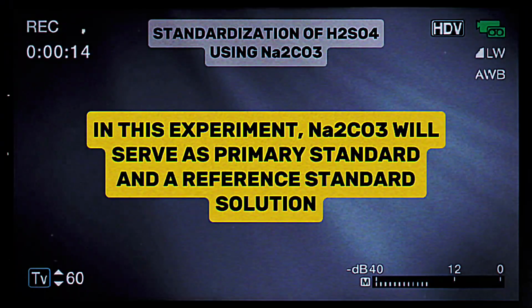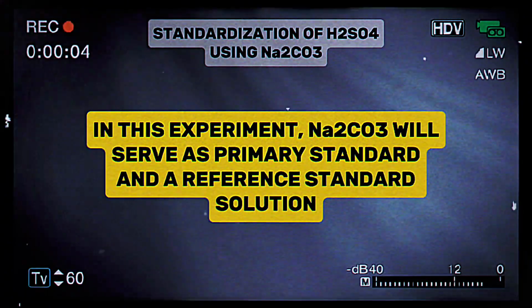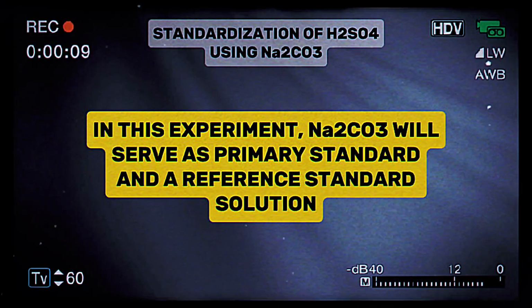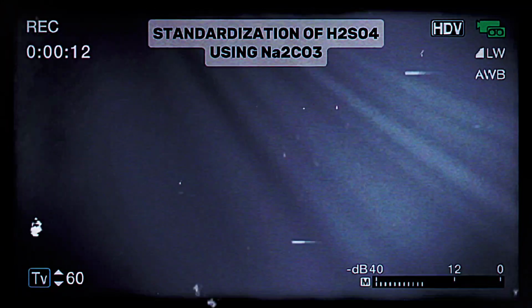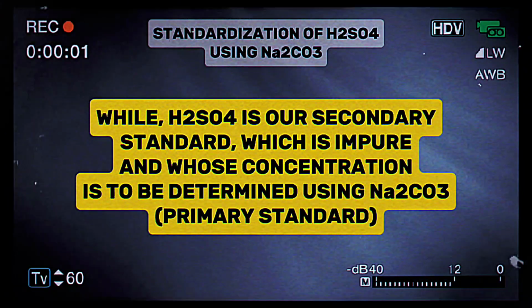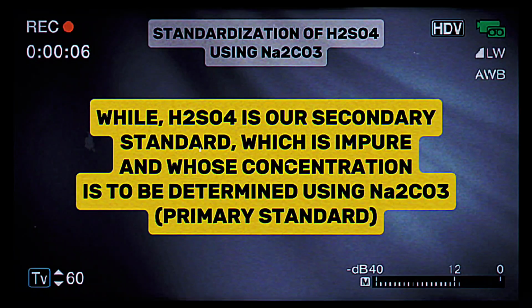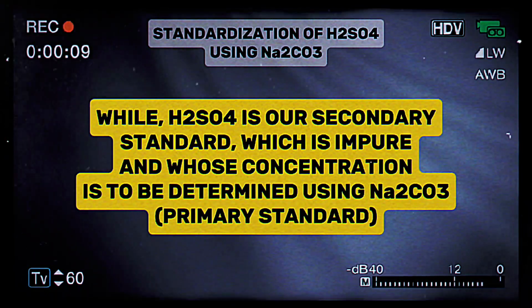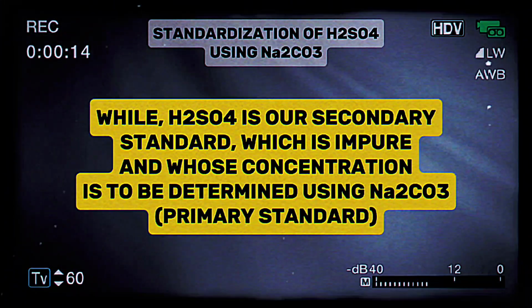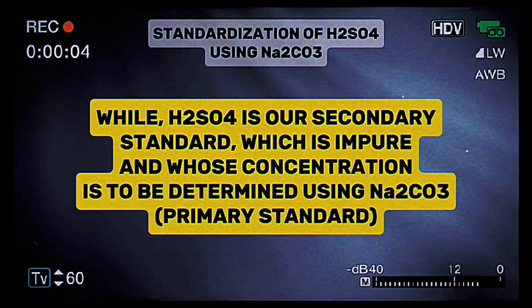Remember also in our previous experiments how these primary standards serve as reference points in the determination of unknown concentration. From this title, we can actually say that our primary standard of high purity and stability is sodium trioxocarbonate(IV), while the sulfuric acid, which we'll be standardizing, is our secondary standard, and it is not as pure as the primary standard.